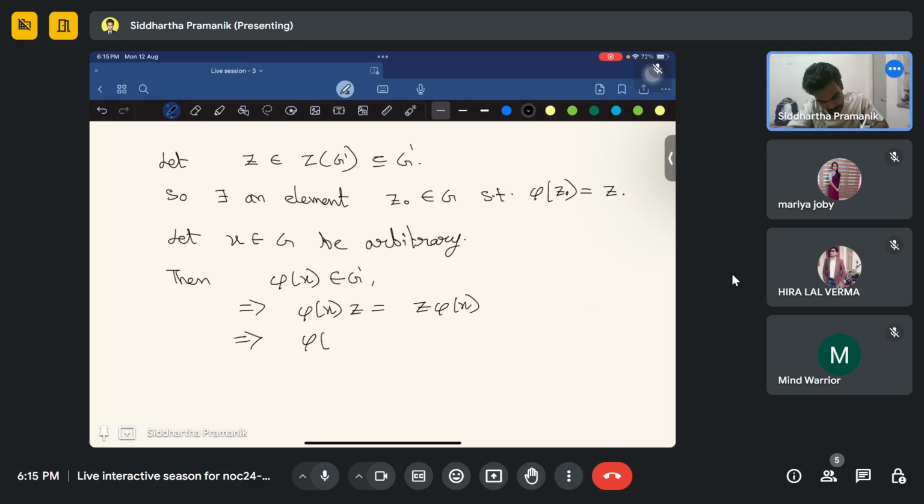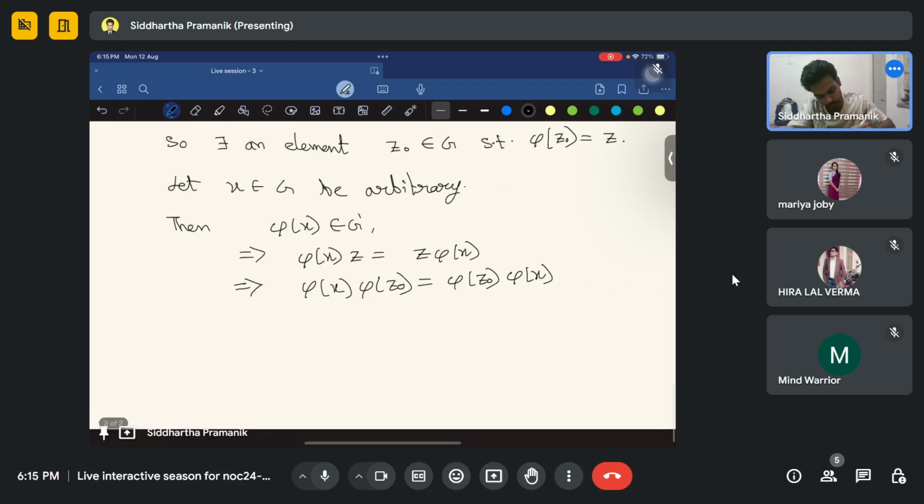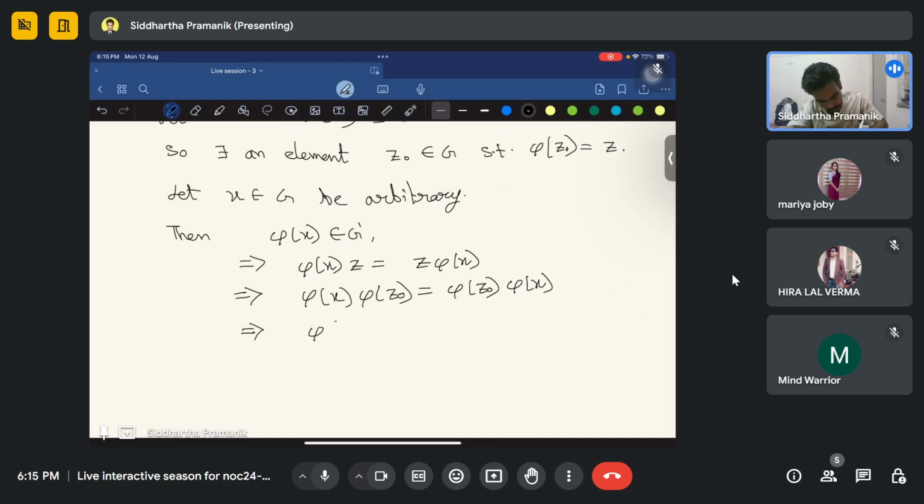Now this implies phi of x times phi of z naught equals phi of z naught times phi of x. So this implies phi of x z naught is equal to phi of z naught x. Now the map phi is bijective, so it is injective, right? So these two elements must be the same because the images are the same. So z naught commutes with x.